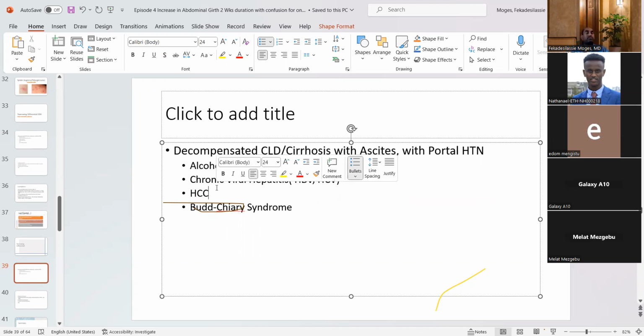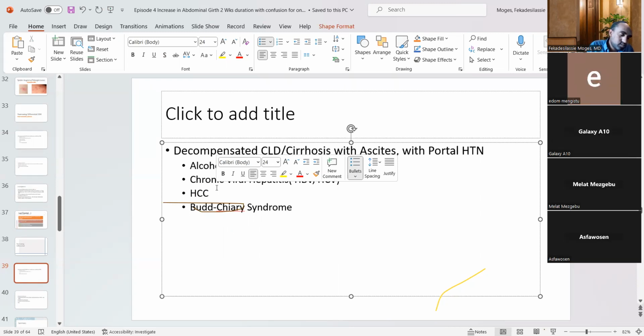What do you check for? Transferrin. What do you do?